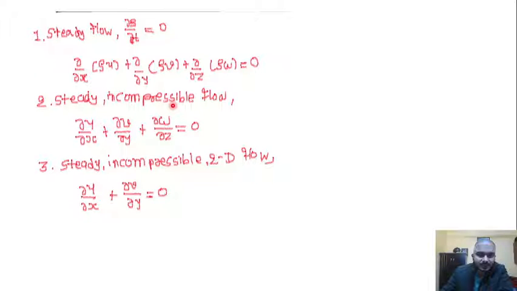So for steady incompressible flow, the continuity equation is del u upon del x plus del v over del y plus del w over del z is equal to 0. Third is steady incompressible 2D flow, in which the third dimension is not present, so we have eliminated del w over del z.